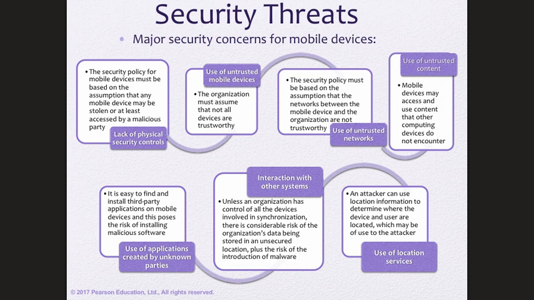Interaction with other systems, similar to access to untrusted networks. An example of that is, those guys have all our information now. They know about us more than we know about ourselves. All of us are using Dropbox, Google Drive, iCloud, and your information is all over the place, right?